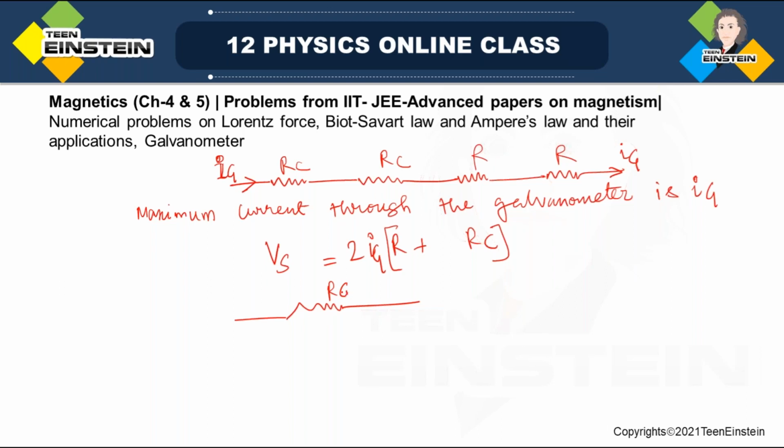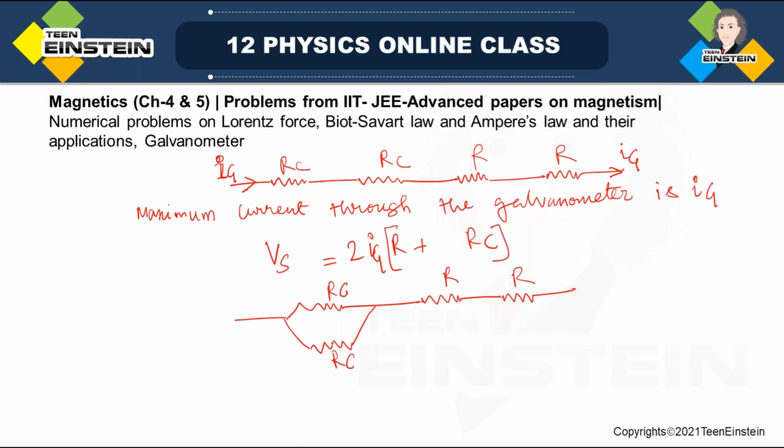Now connect two resistors, R and R in series, and the second galvanometer having the same resistance is connected in parallel with the first galvanometer.